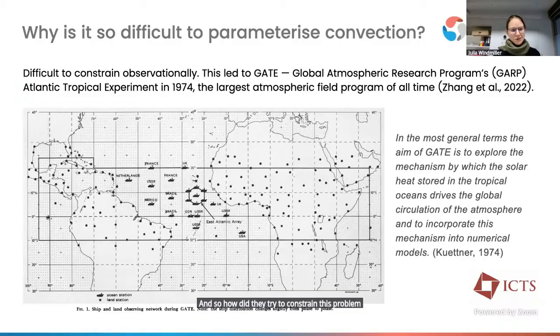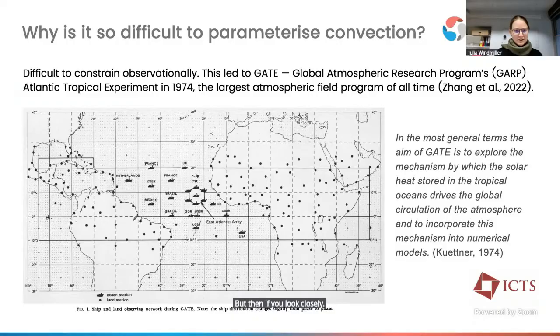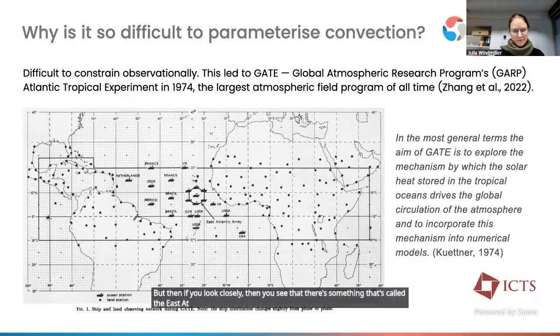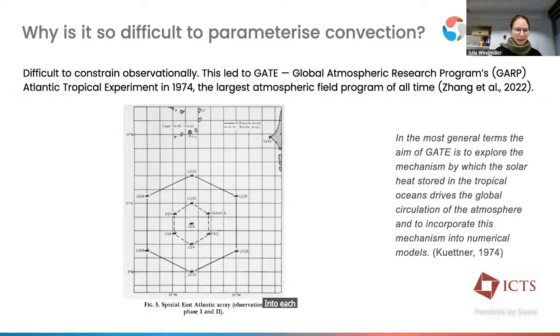That's also interesting to look at, because one thing they did is they distributed all their ships in the tropical Atlantic. You can see that on this map here. But if you look closely, you see something called the East Atlantic Array, in the eastern part of the Atlantic. If you zoom in, they actually stacked hexagons of ships into each other.